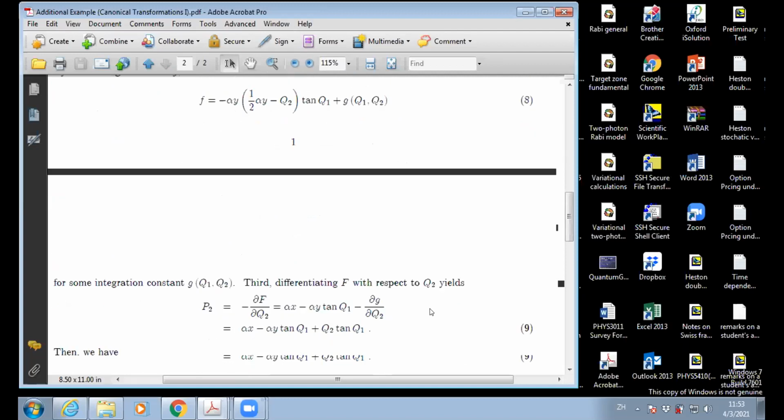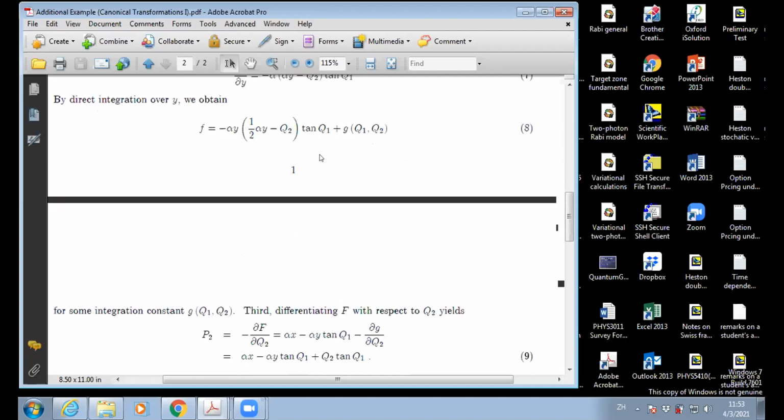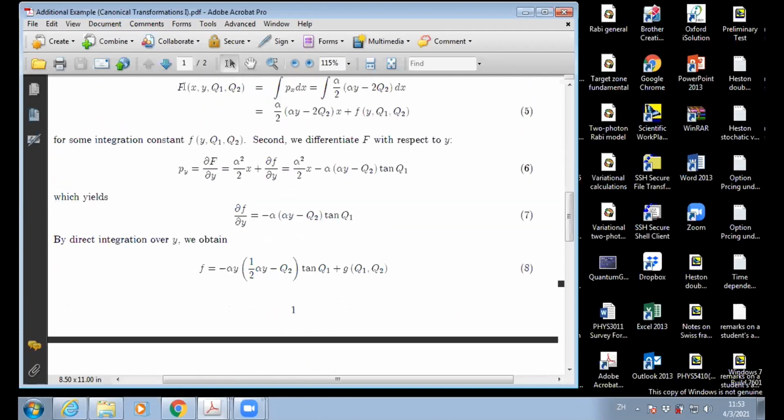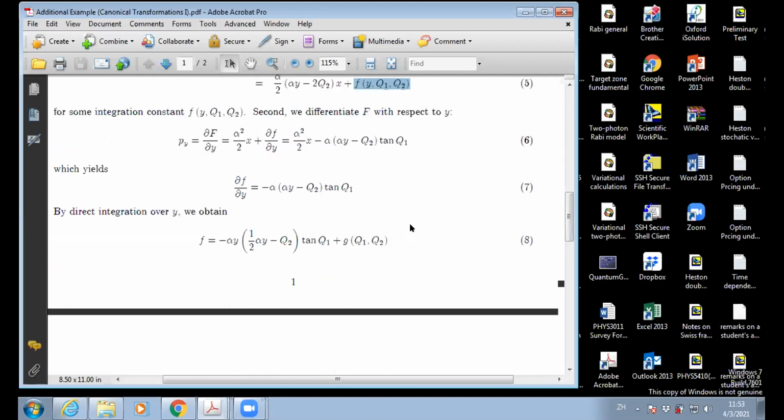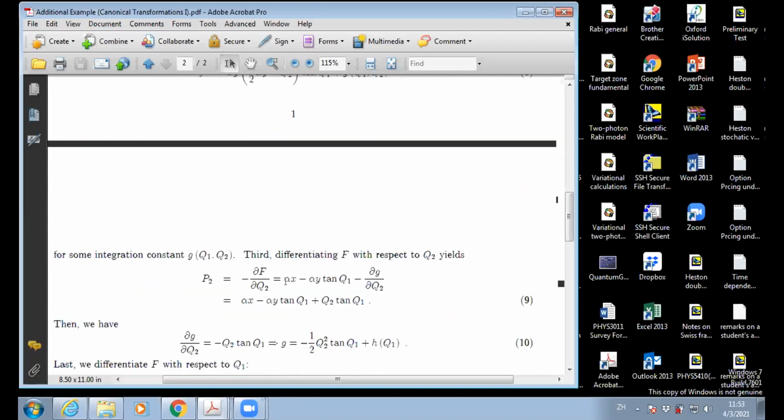Once again, we differentiate the F with respect to capital Q2 to obtain the capital P2. The capital F is given by this, and also this function f. Straightforward differentiation will give us alpha x minus alpha y times tangent capital Q1 minus ∂g/∂Q2.